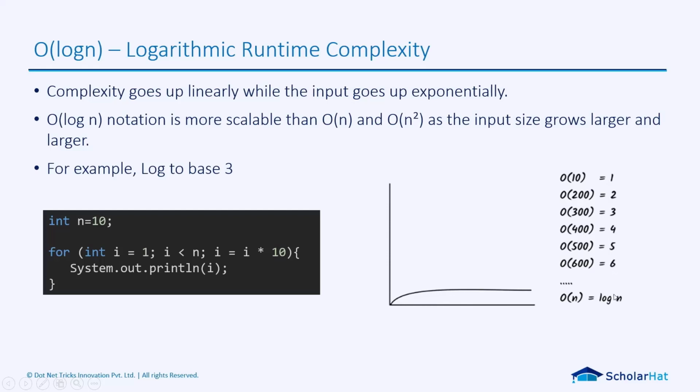It is increasing slowly. In this for loop, it is initialized from i = 1, i less than n, and i is getting multiplied by 10, and the output is i. So input is i times 10 and output is i. This is how the log n graph gets created.